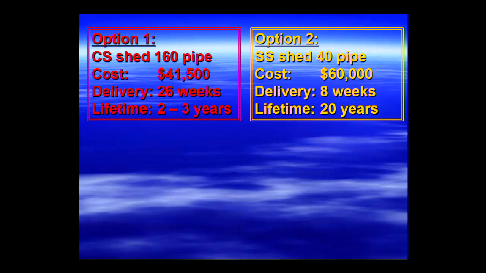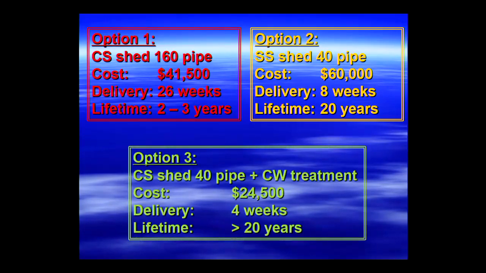In the end, I actually visited the plant, talked to the right people, and implemented option 3. Schedule 40 pipe plus proper cooling water treatment. Cost was $24,500, delivery was in 4 weeks and had a lifetime of more than 20 years. I found out that they had a leak on the plant somewhere, which meant that somebody had a broken pipe and never bothered to fix it, and this water's just gushing out all the time.